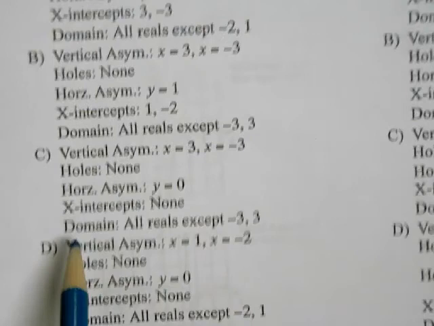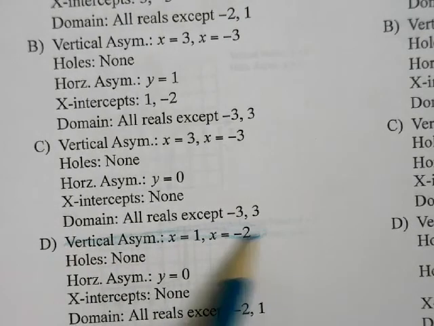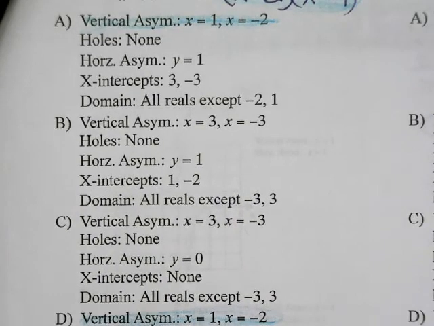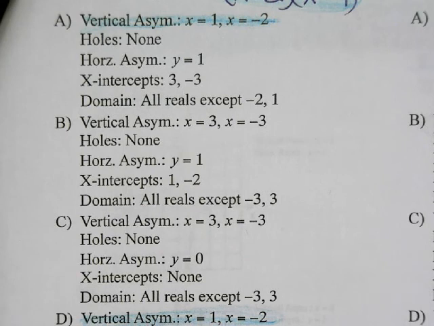Okay, vertical asymptotes. I'm going to go ahead and color again just so you can see on this one. See how there were a couple of choices? See that, guys? A and D. Let me zoom out. We have 2 choices.